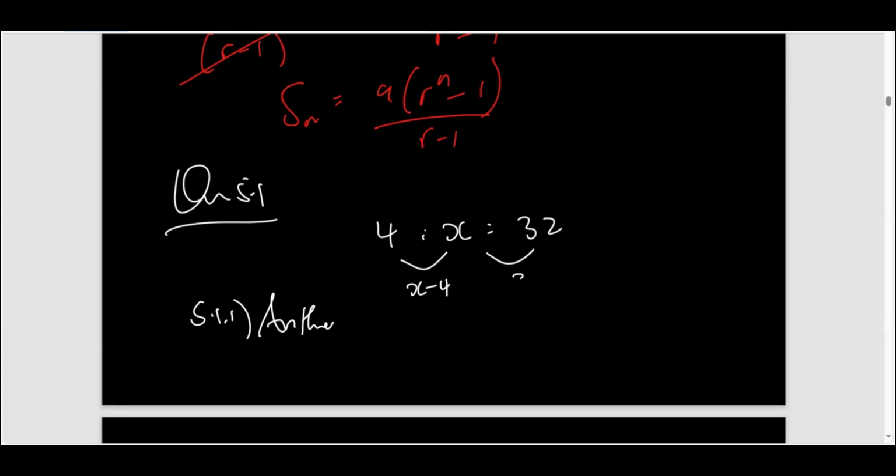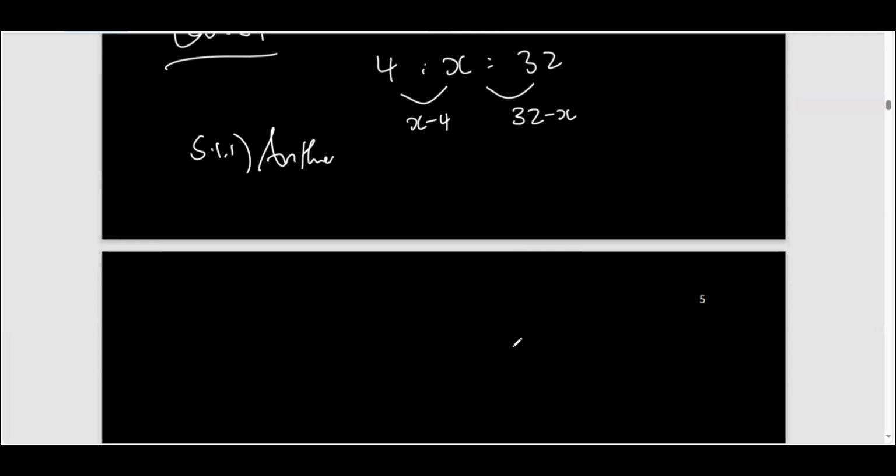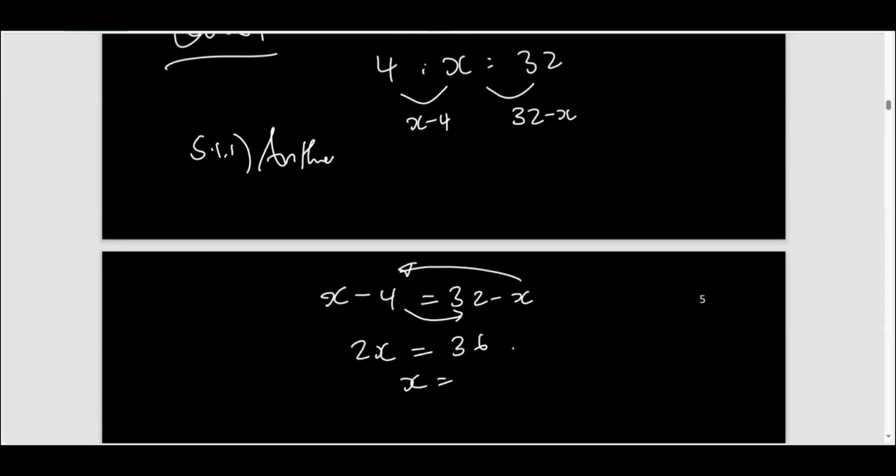And then the difference here will be 32 minus x. So these differences have to be exactly the same. So I'm going to equate the two. So x minus 4 is equivalent to 32 minus x. Then all I'll do is transpose and collect the like terms. So if I move the x that side, move the 4 that side, I'll have 2x is equal to 36. And then our x becomes 18. Okay, so that is 5.1.1.